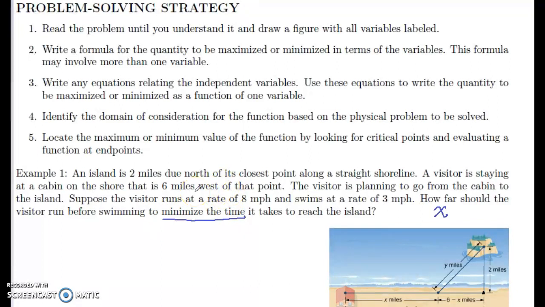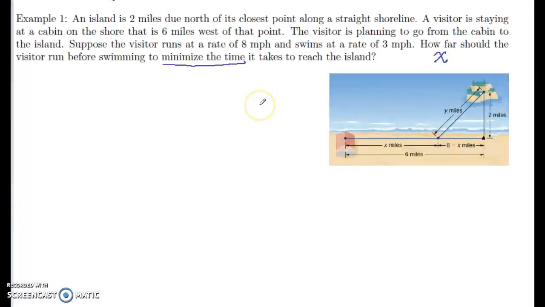So once we understand the question, we want to write the formula for the quantity to be maximized or minimized. So we know we need to minimize the time, and it is in terms of the distance x. So x is from the cabin to the point where the visitor begins to swim.